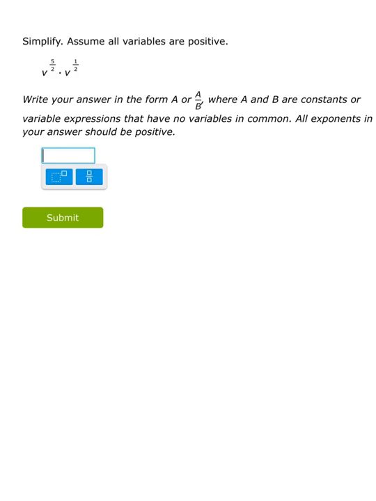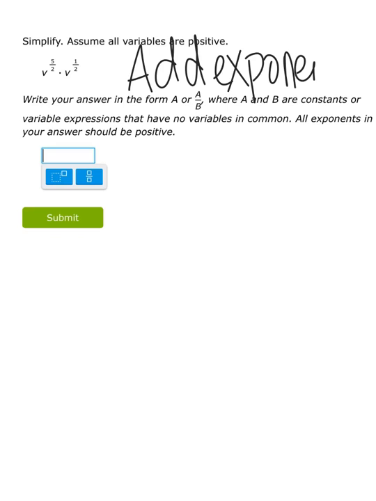So for these problems, we need to go back to our laws of exponents. If I'm multiplying two numbers of the same base, I need to add the exponents. So I'm going to take both of these exponents, 5/2 and 1/2, and add them.